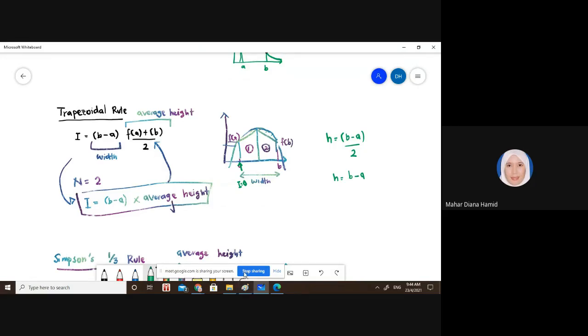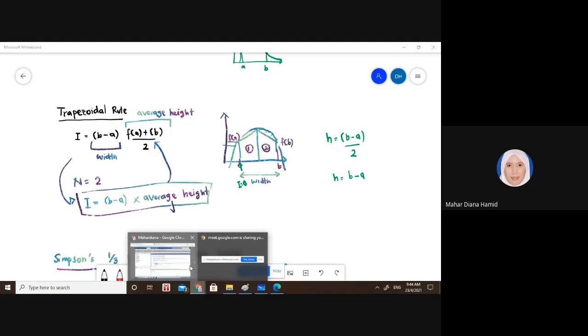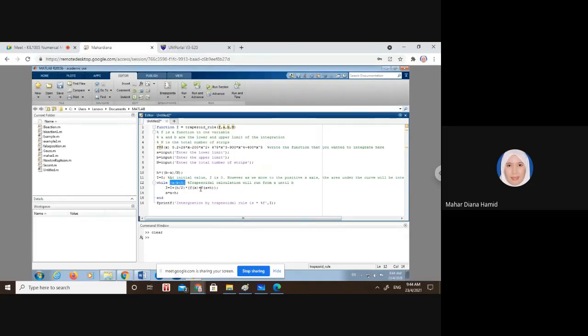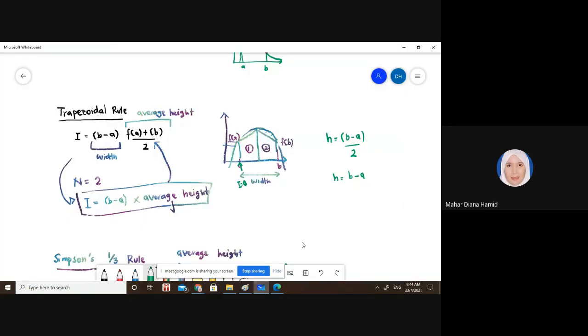So divided by 2 plus h divided by 2 times fa plus h. So this is the value of h. For example, if we have two segments, we are going to calculate this part first.